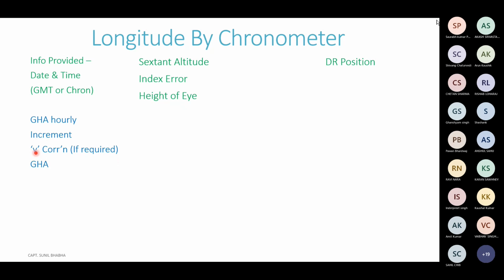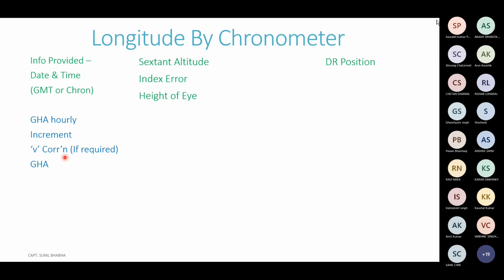And once you combine all three of them, increment is always added, whereas V correction could be plus or it could be minus. It is negative only for one planet, that is Venus. It could be negative, it could be positive. However, in most of the pages in the 1992 almanac, selected pages which we have, the V correction for Venus is negative.